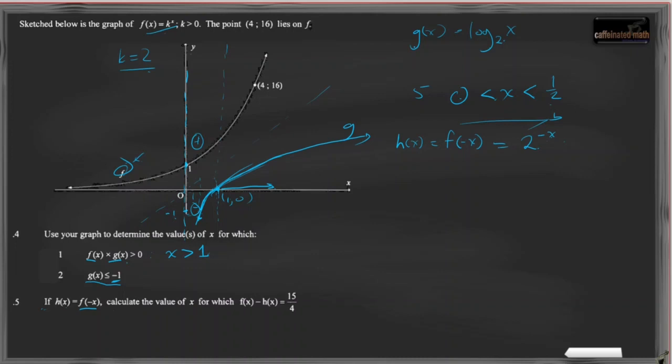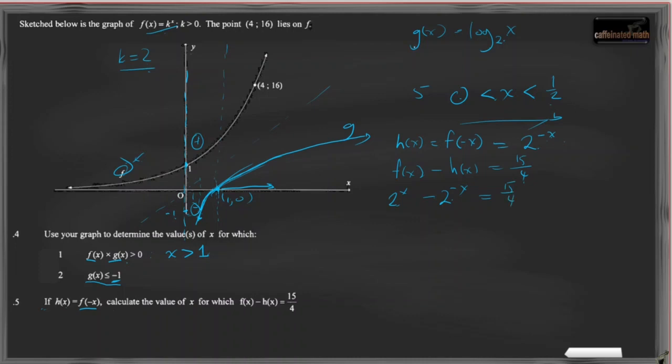So what do they want? Well, they want f of x minus h of x, and then they give us a total of 15 over 4. It's just substitution, so that's 2 to the power x minus 2 to the power negative x, and that's all equal to 15 over 4.